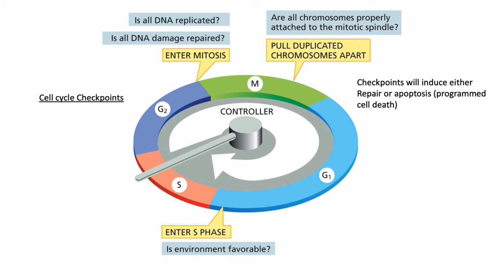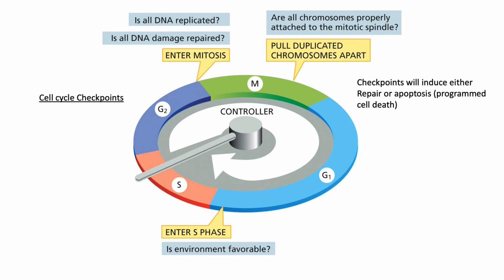And then finally there's an M phase checkpoint. What happens during the M phase checkpoint, which is prior to the actual cell division, is it's asking the question you can see on top: are all the chromosomes properly attached to the mitotic spindle? They have to be attached to the mitotic spindle in order to be pulled apart.